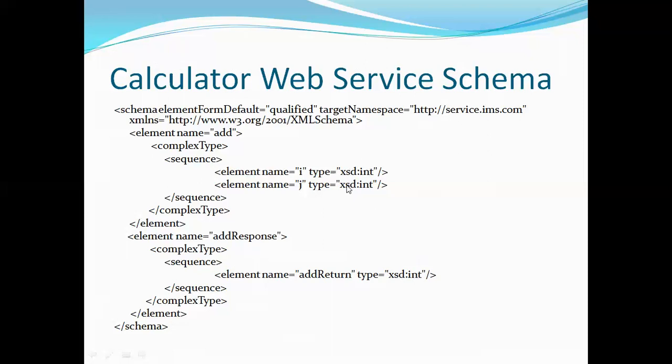So I am passing two variables, and the response received from the addition I am storing in an integer variable. This is the schema, written like this for each and every service candidate. Here the service candidate is the addition calculator service, which requires two inputs and one output.